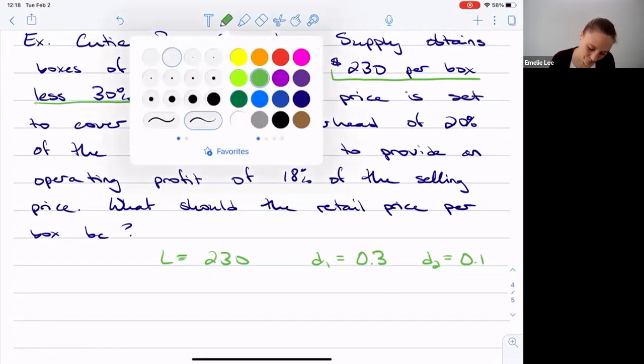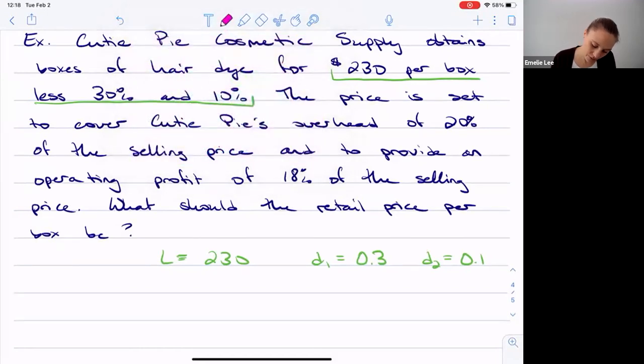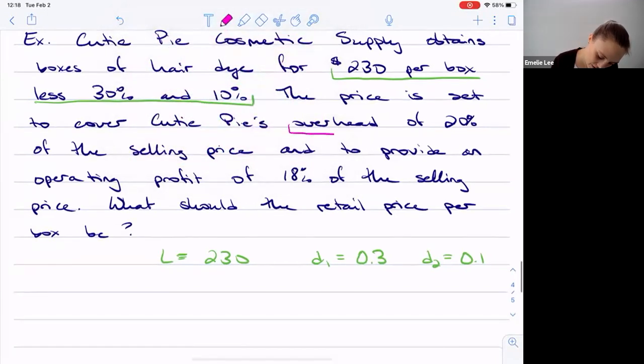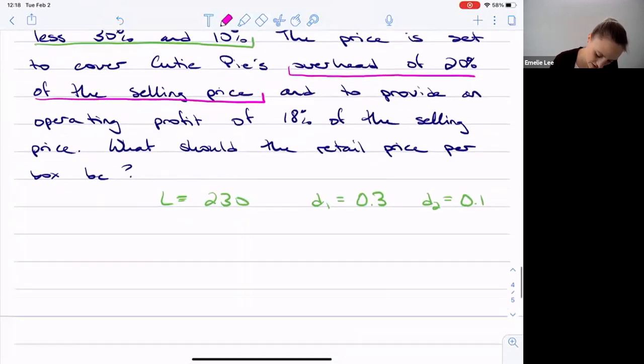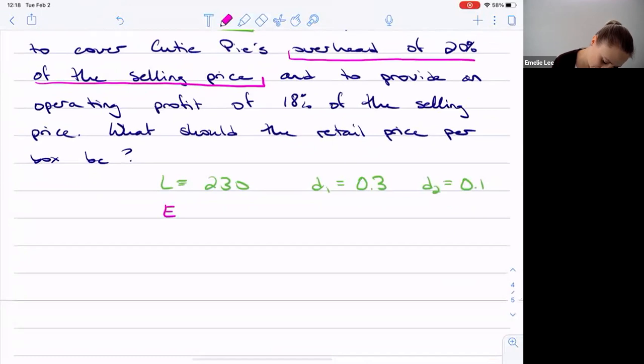Then we go to the price is set to cover Cutie Pie's overhead of 20% of the selling price, so the expenses are 0.2 S, 20% of the selling price.